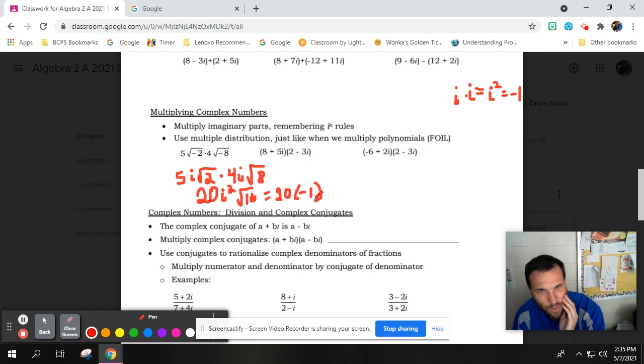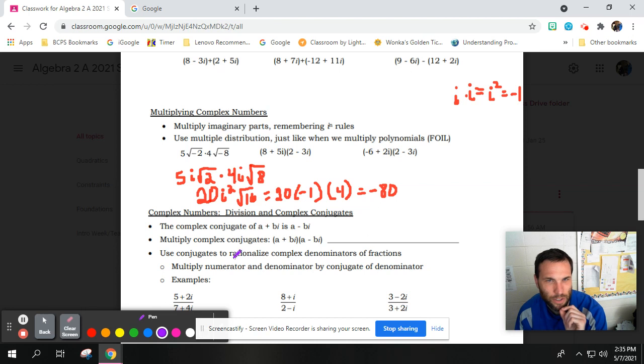Remember, i squared is negative 1. And then root 16 is 4. So this is negative 20 times 4, which is negative 80.